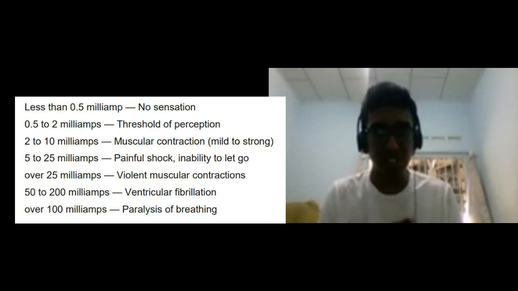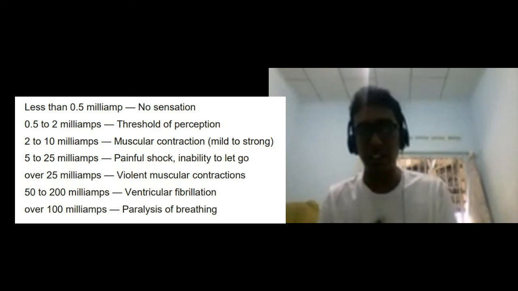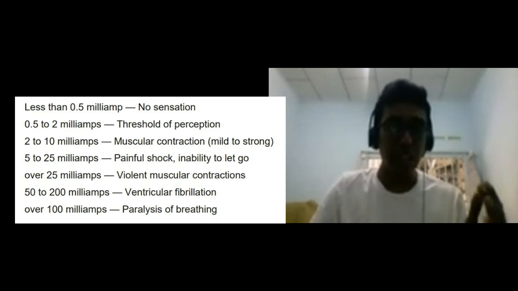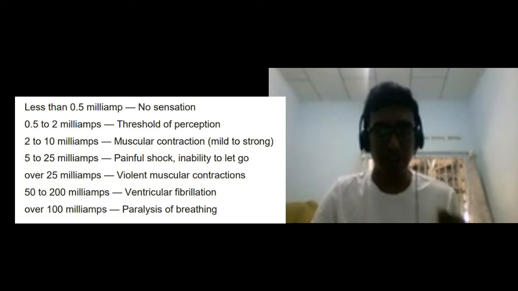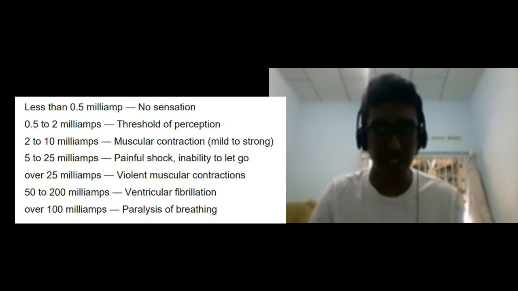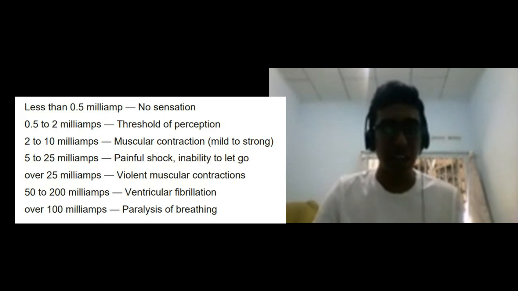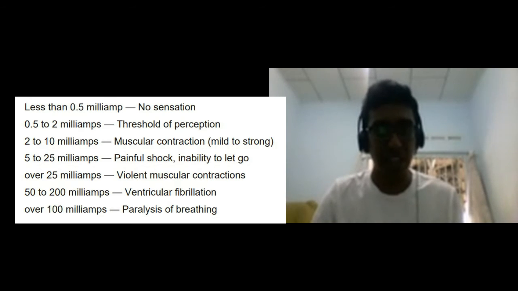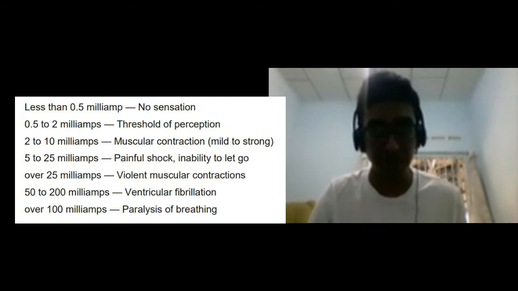given amperage and the level of damage it can do to our body. If it's less than 0.5 milliamp, there will not be much sensation. Then 0.5 to 2 milliamps, where the threshold of perception is mild. After that, 2 to 10 milliamps, where muscular contraction, mild to strong, can happen.